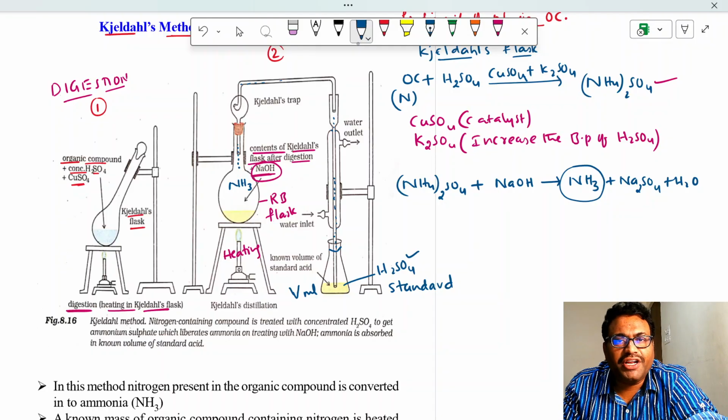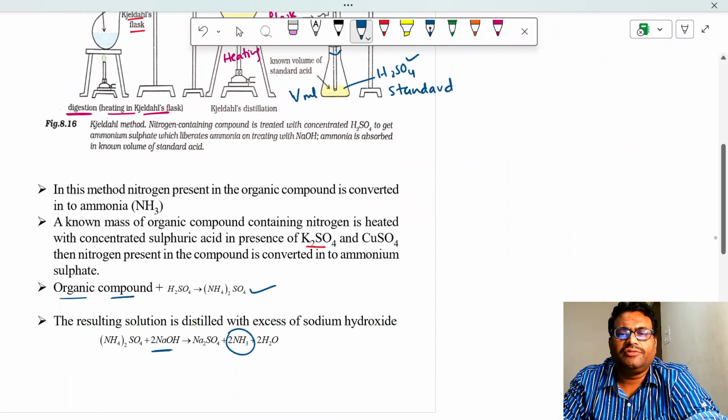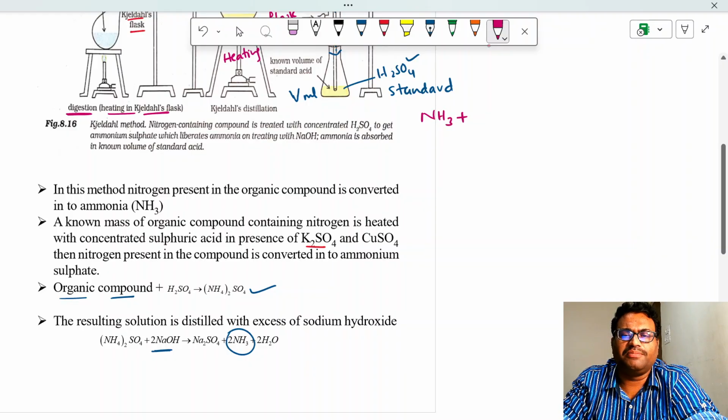Standard solution means its concentration is already known, and it has a particular volume in mL. Into this, the released ammonia is absorbed.